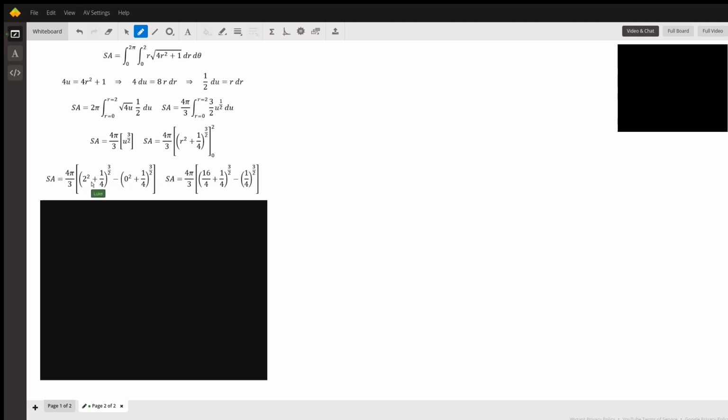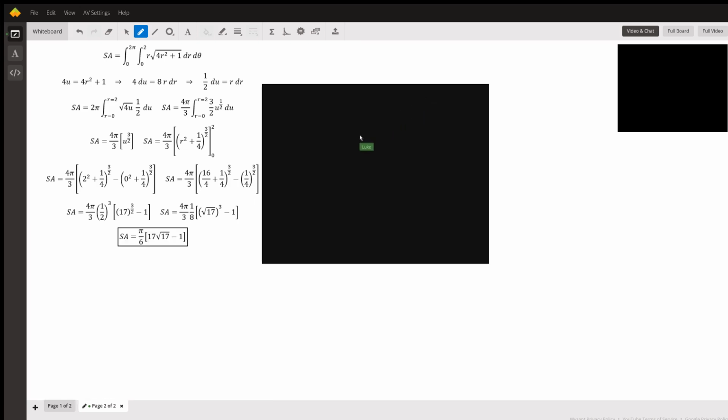So we start simplifying. We plug 2 into the upper bound, 0 into the lower bound, take their difference, simplify as much as possible, take a common 1/4 raised to the 3 halves power out. Since this one also had common denominators now, we can do that. And it turns into a 1/2 after applying the square root.